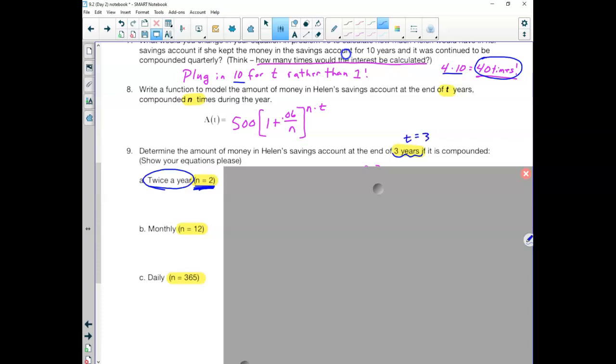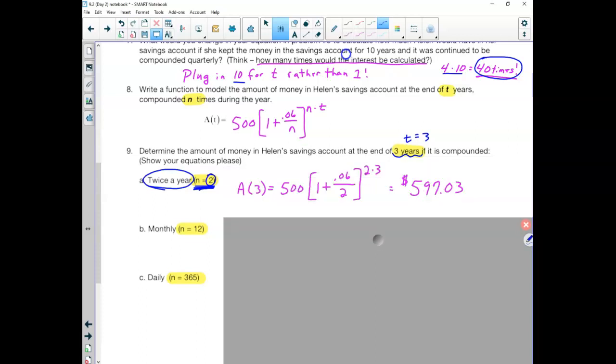So I replace N with 2, T with 3, and I plug that little bugger in there. And it's A of 3, that's my account balance in 3 years if it's compounded 2 times per year times my 3 years. Oh, check it out, she's going to get interest 6 times. Her account balance is going to be $597.03.